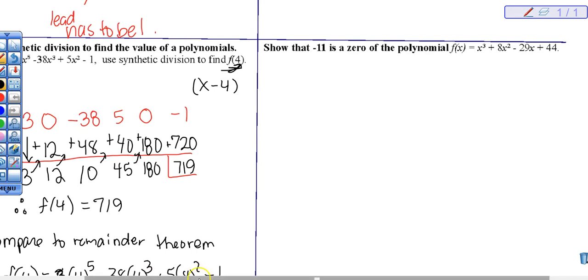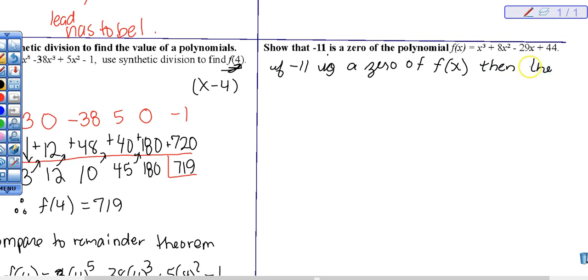Here's what I want to say. If negative 11 is a zero of f of x, then the remainder will be what? You got it.